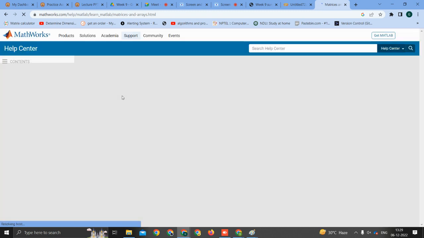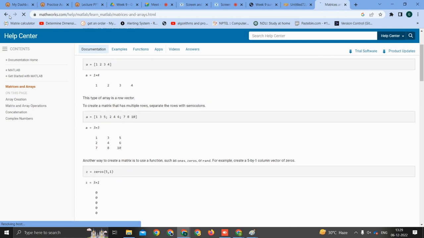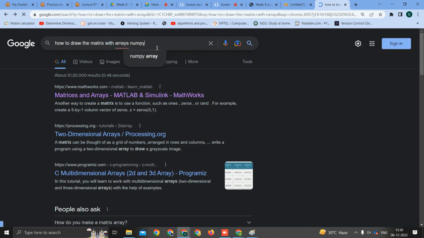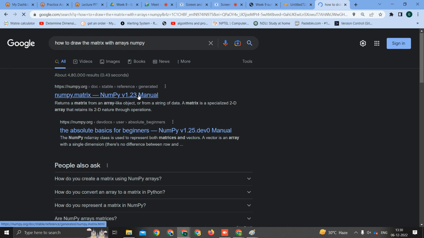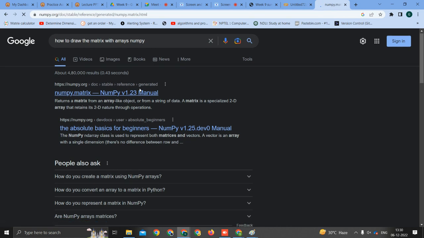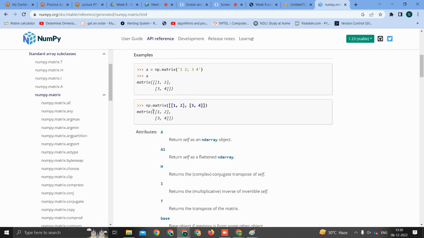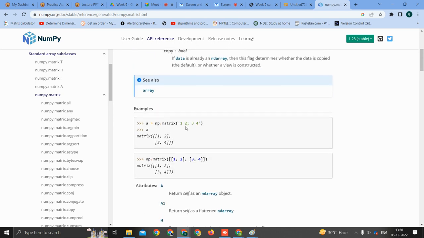There'll be an option, I've seen that. This is for MATLAB. Let's search it with NumPy. NumPy.matrix. It comes like this. So are you saying that we'll do this?